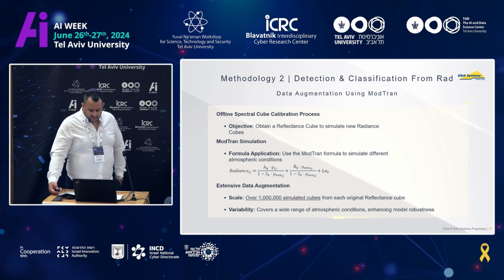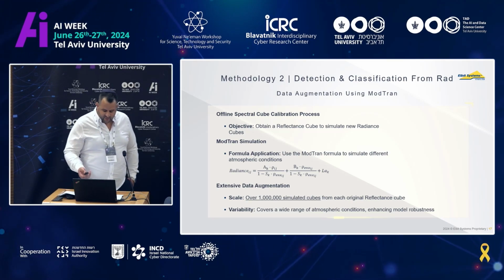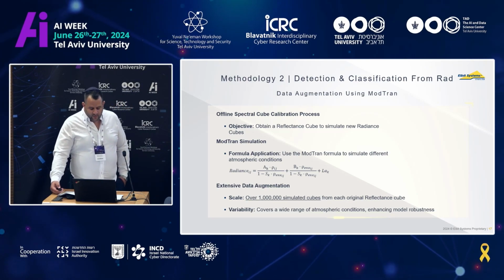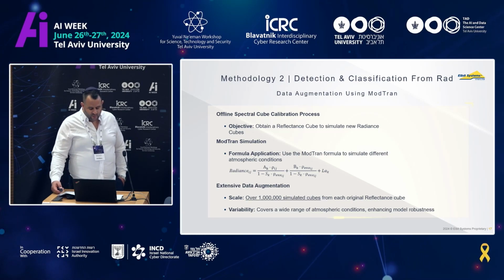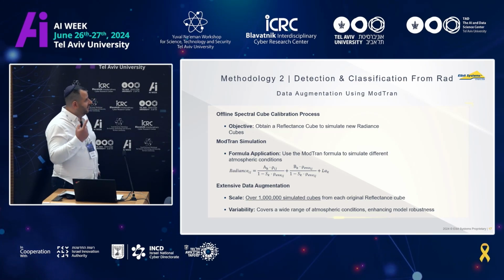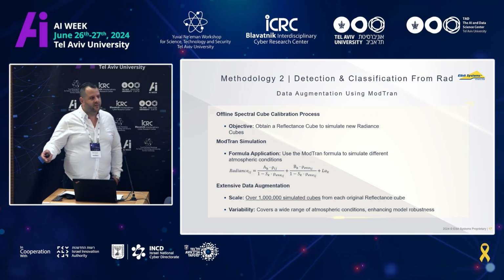To use MODTRAN, we must have a reflectance cube. We can't use the radiance cube. So we do an offline spectral calibration, and we obtain the reflectance cubes. And then using MODTRAN, we scale to over 1 million simulated cubes from each real reflectance cube. From each one, I'm going out to 1 million cubes.